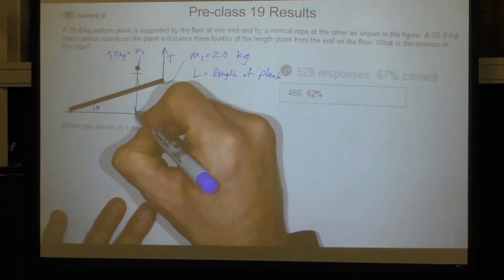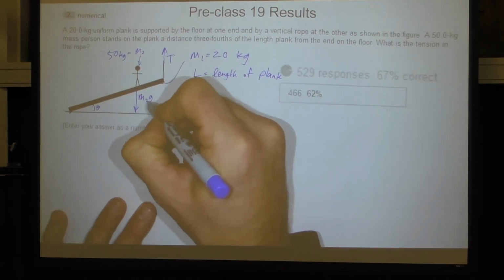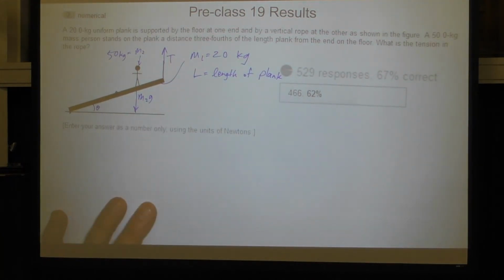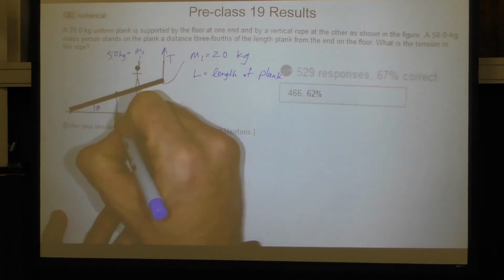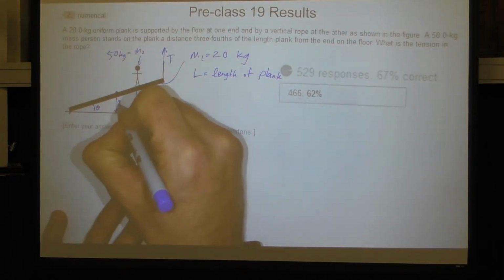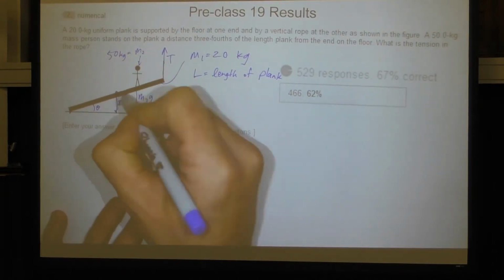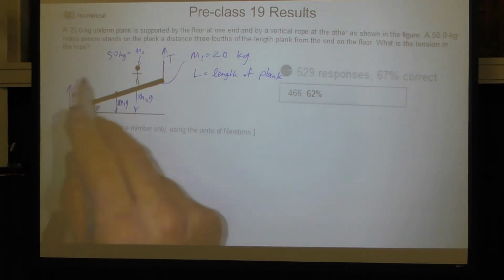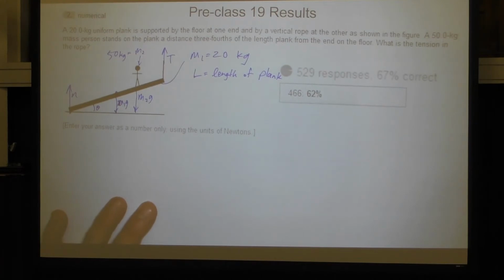So this guy is pushing down with M2G. And then at the center, since we assume it's a uniform plank, there's M1G down there, and then there's some normal force upward here. So this is your extended free body diagram of the object. I've drawn all the forces I can think of, and I've drawn them at the places where they are acting.